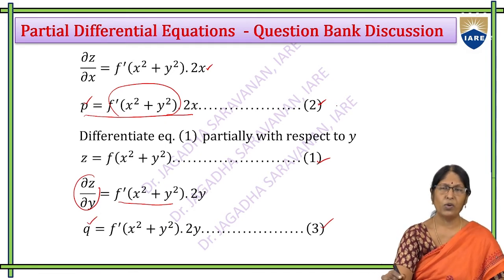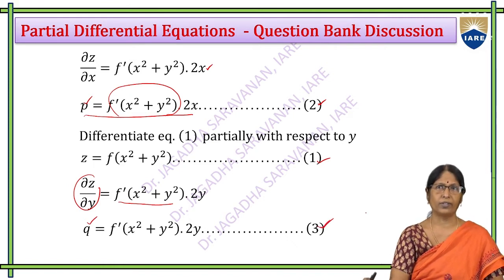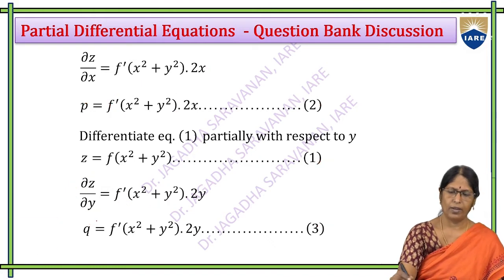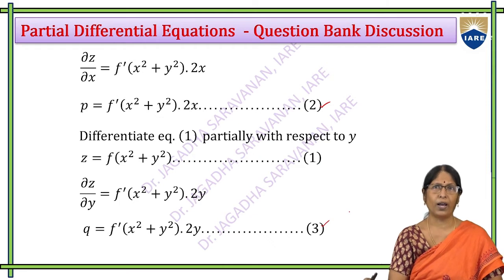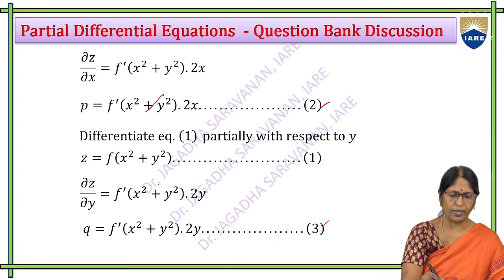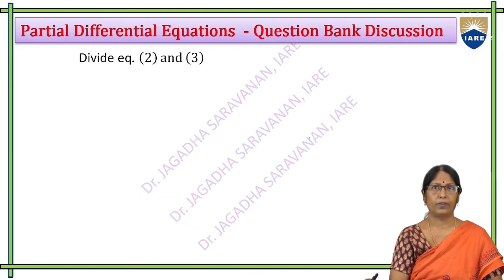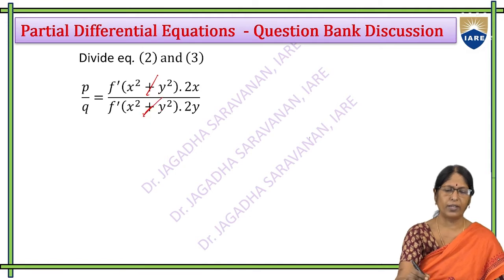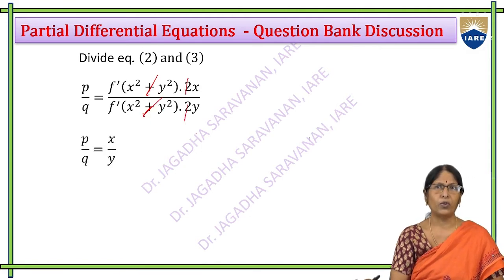Now here, equation 2 is there, and here, equation 3 is there. If we divide these two equations, then this term will be cancelled. We have done it here. This gets cancelled, 2 gets cancelled, p by q is equal to x by y.